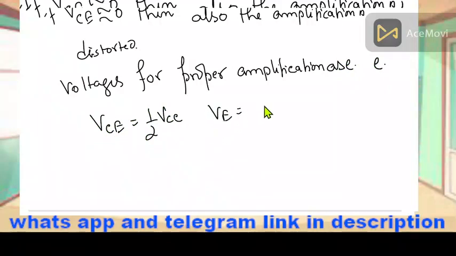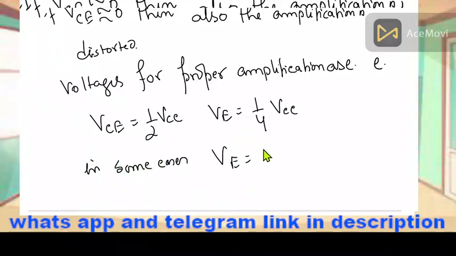The emitter voltage should be 1/4 of VCC, the reverse biasing voltage across the collector. If these two are satisfied, in some cases the emitter voltage may be 75% of VCC, as I told you.